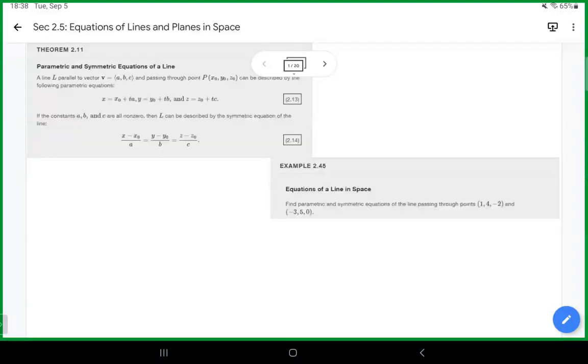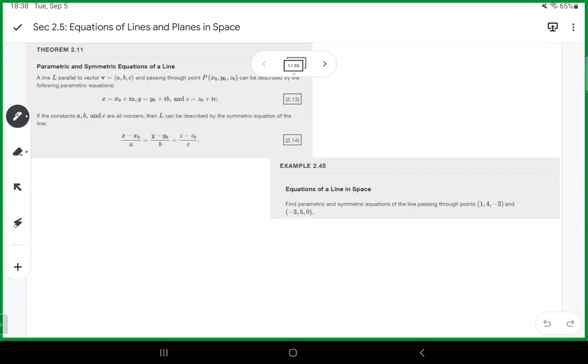Okay, so 2.5, equations of lines and planes in space. We are given our little formula there. If we're given the vector v as a, b, c, and we have point P, which is x sub 0, y sub 0, z sub 0, then we know that x is equal to the following, y is equal to the following, and z.